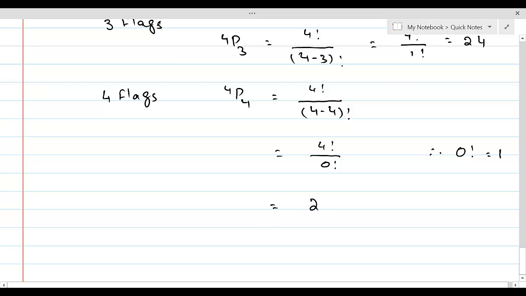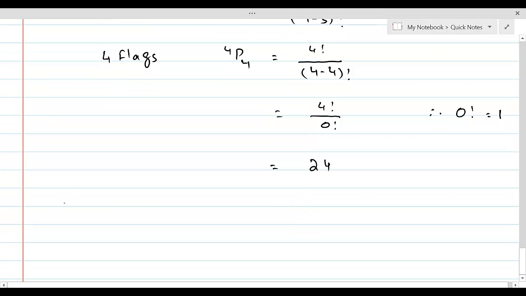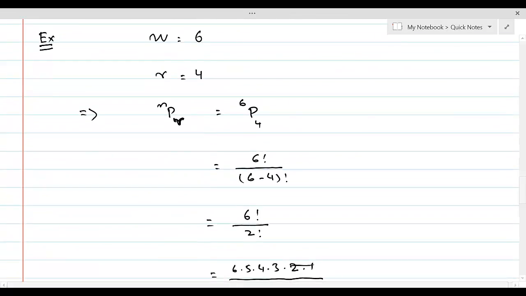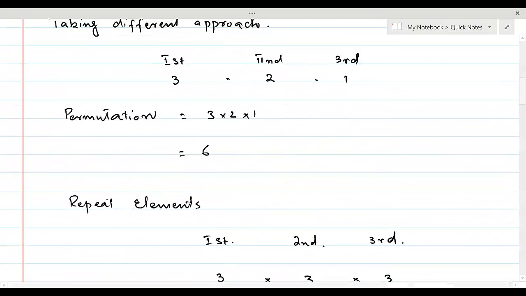Therefore, this is equal to 24 again, and the total number of permutations is equal to 4 plus 12 plus 24 plus 24, and this will become equal to 64. So this is 64.